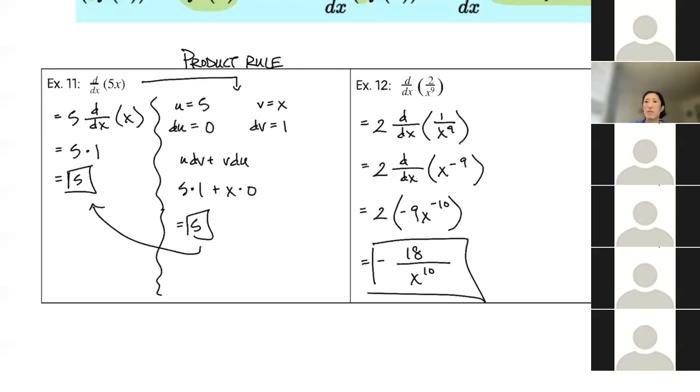All right, so update on quiz number 4. Please complete numbers 1 through 4. Okay, you can do all of those. Skip number 5.